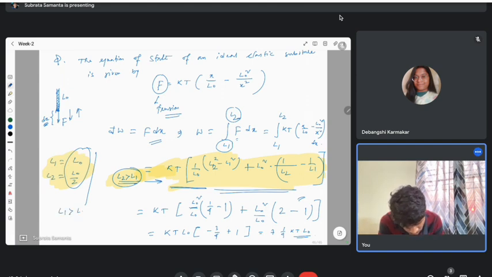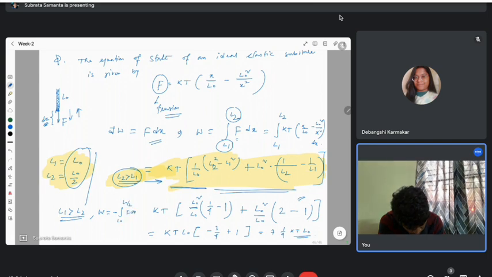But in these examples it is reversed, so L1 is greater than L2. So when we put an extra negative sign, this W is actually minus the integral from L0 to L0 by 2 of F dx, which gives this minus this and minus this. Why the minus sign?